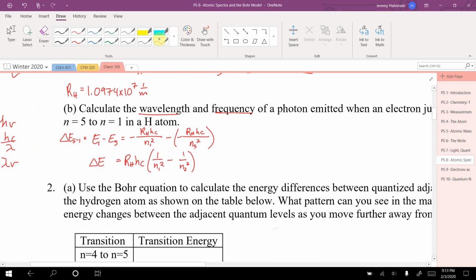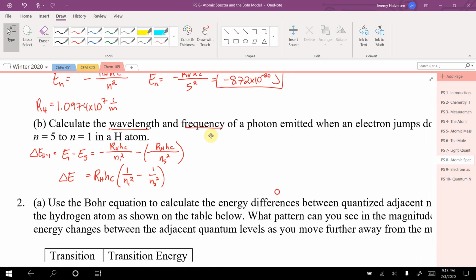But it's important to know that there's another equation that you'll often see, and that's called the Rydberg equation, named after the same guy who has the constant. And that's this: 1 over the wavelength equals R_H times 1 over n_1 squared minus 1 over n_2 squared. It's important to recognize that these are not different equations.